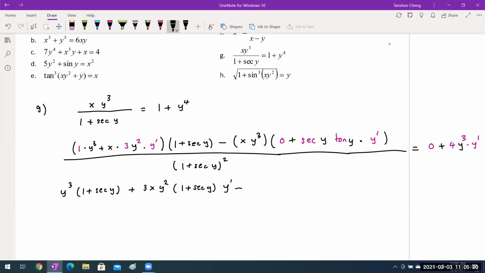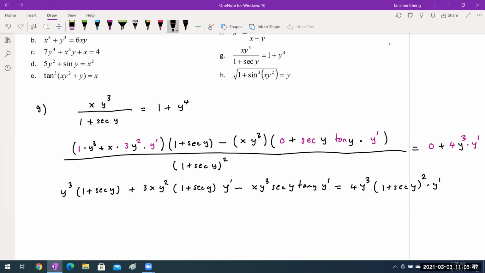And then minus, when I distribute it, that will become xy to the third secant y tangent y y prime equal to 4y to the third y prime, and then you're going to multiply both sides by this 1 plus secant y quantity squared. So I will have 1 plus secant y quantity squared times y prime.